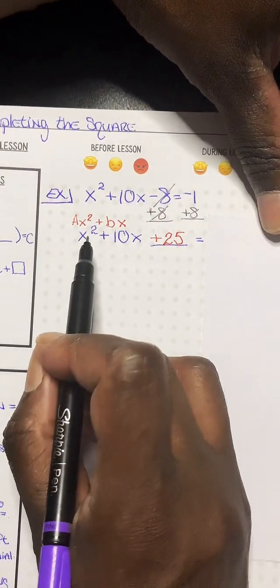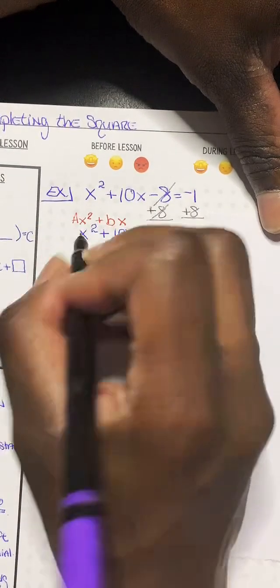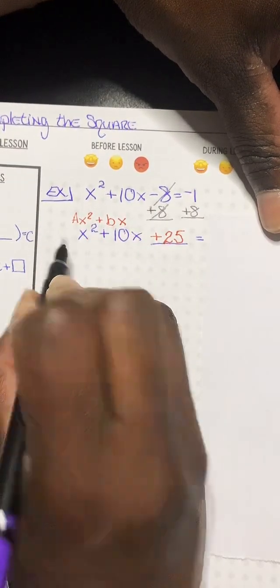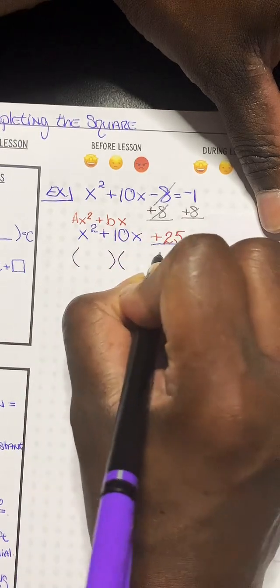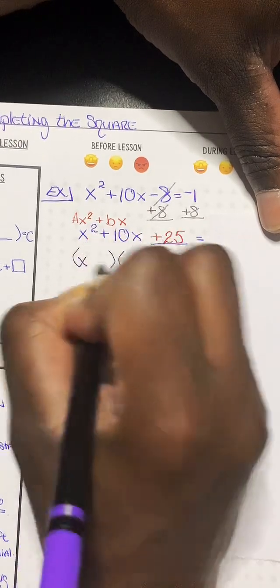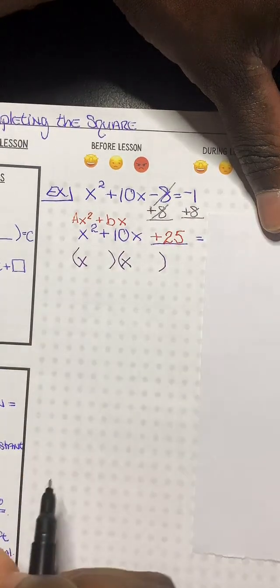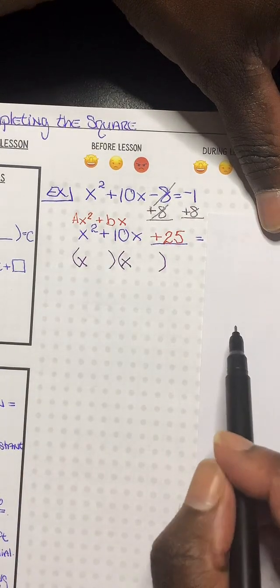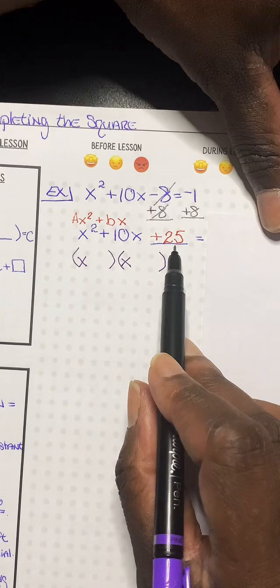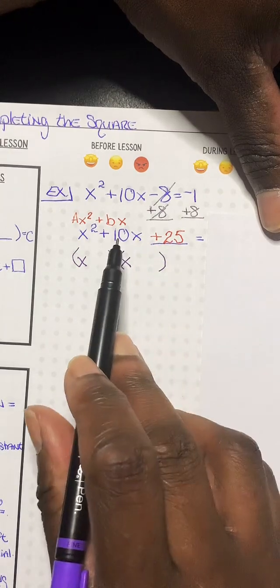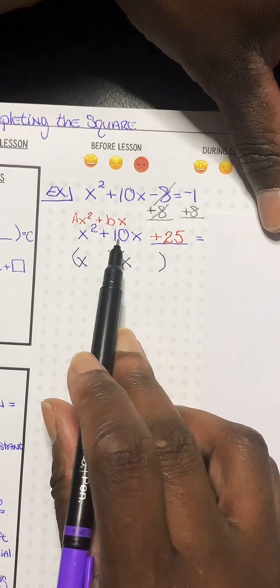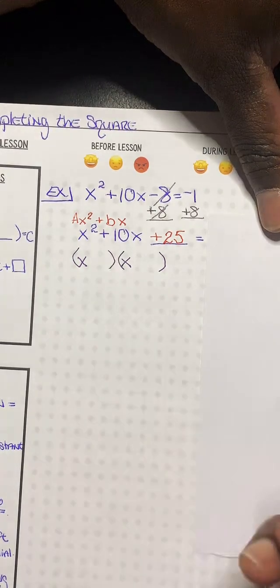Since my highest degree is a 2 and my leading coefficient is a 1, I'm going right into splitting my x's. So now I need to think, what 2 numbers multiply to 25 and the same 2 numbers add together to give me 10?